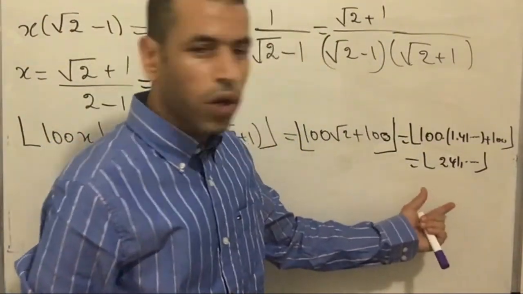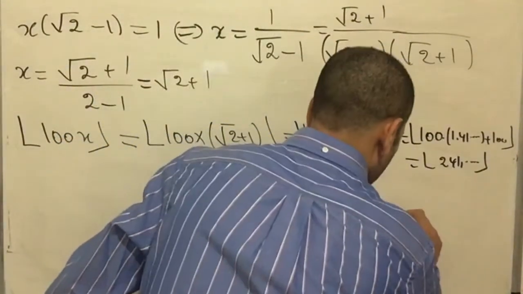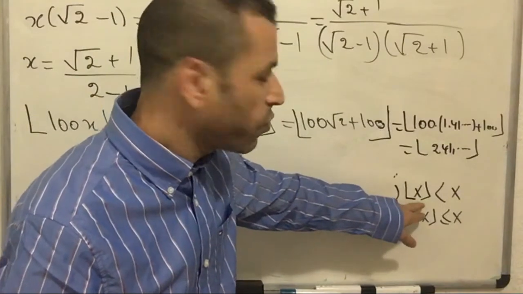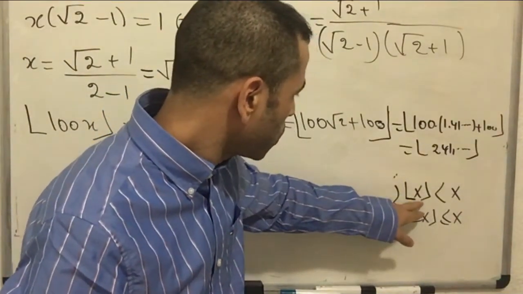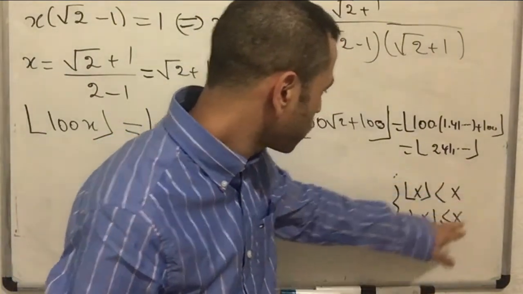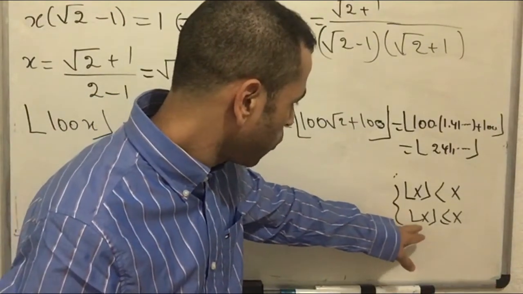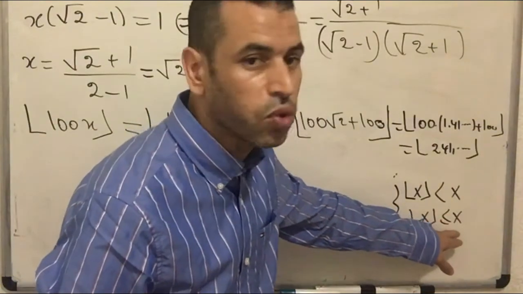To calculate the floor of a number: if x is a fraction, we take the integer part just below it. If x is an integer, the floor is the number itself.